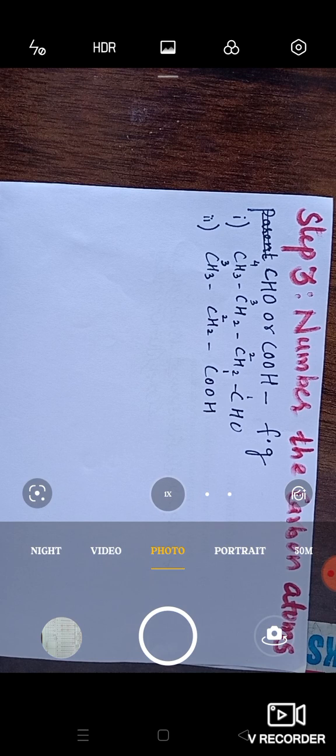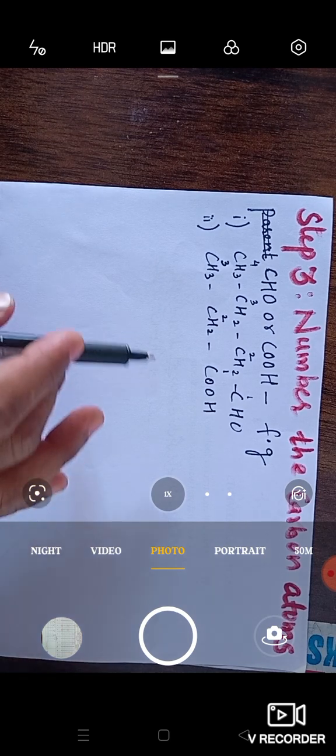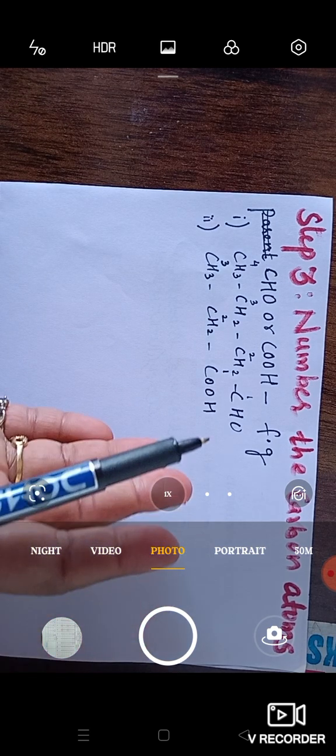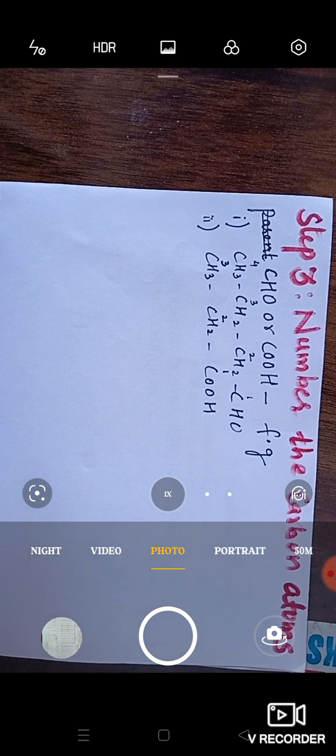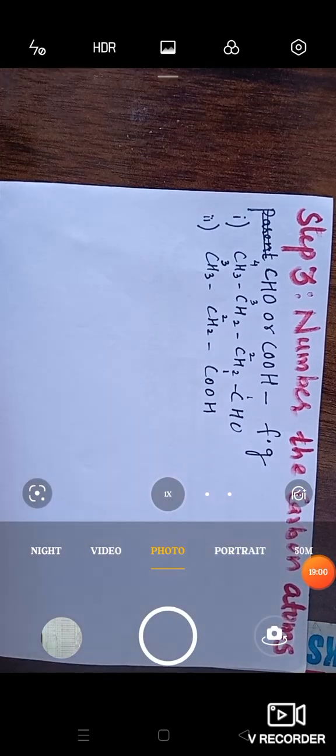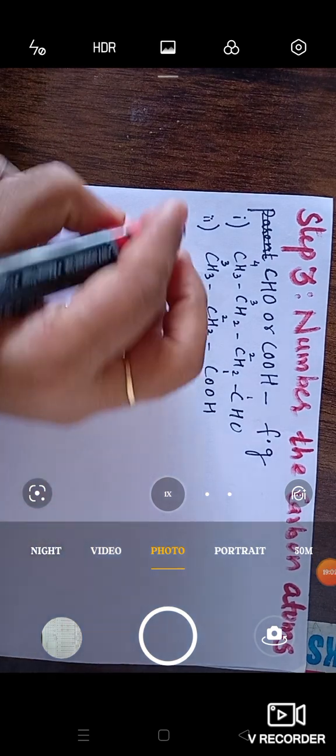If these two functional groups are not present, then you can number in two directions.